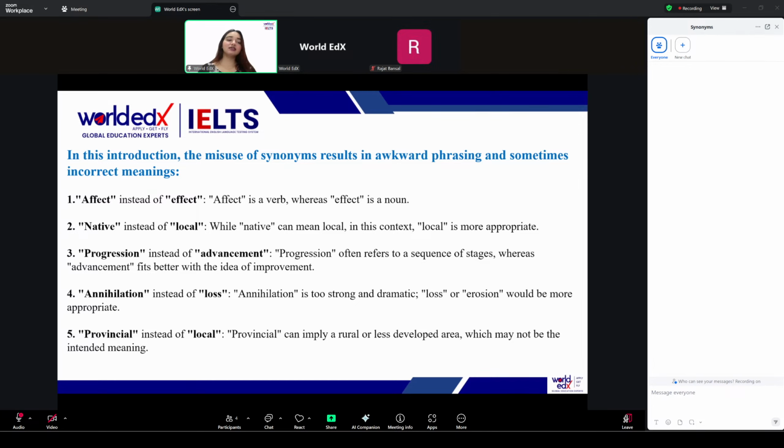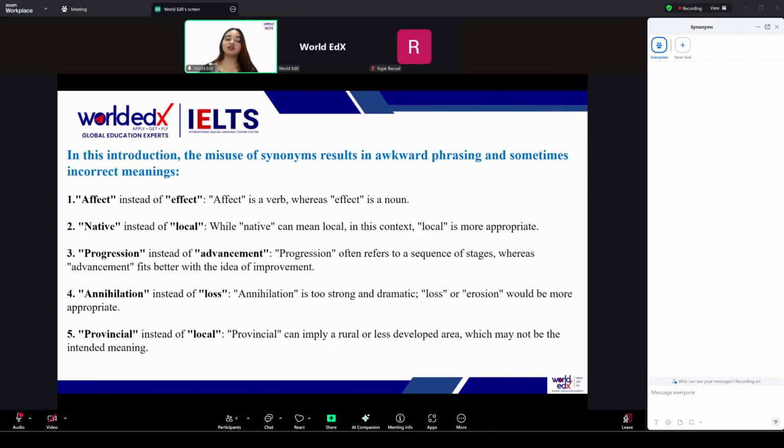The next is progression and advancement. When we talk about progression, we can say I have a very progressive mindset, but I will not say I have a very advancing mindset. Although both words mean that you are forward-looking and have a very modern approach, when you use them, progression would sound a little unnatural compared to advancement in technology. So again, even though these are synonyms, you need to see the context.